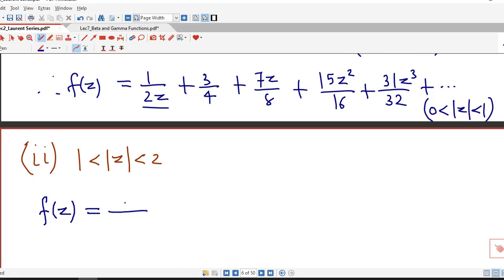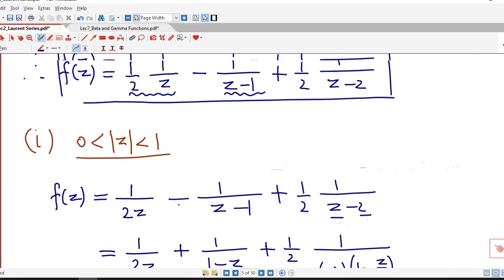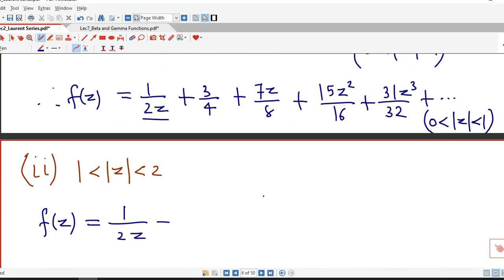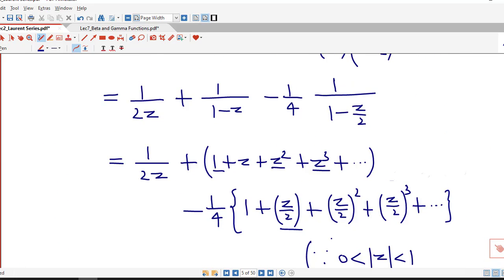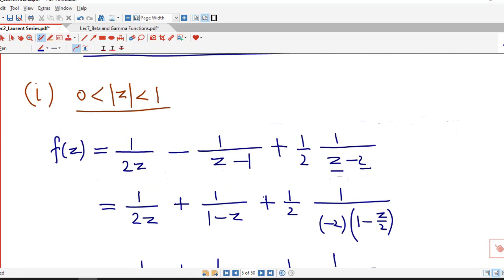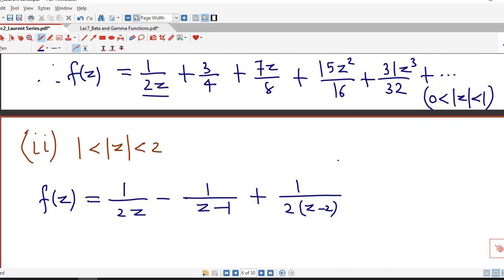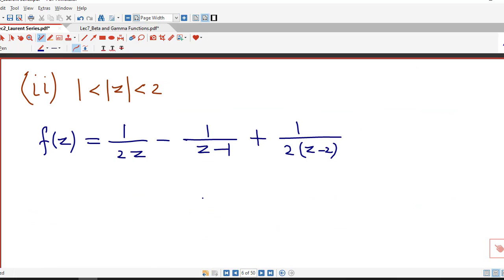It is 1 over 2z minus, let me check it, minus 1 by z minus 1 plus 1 by 2 into z minus 2. Let me check again. 1 by 2z minus 1 by z minus 1, plus 1 by 2 into z minus 2. So now here we have absolute value of z is greater than 1.